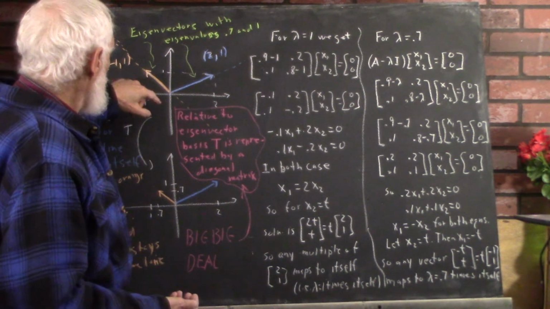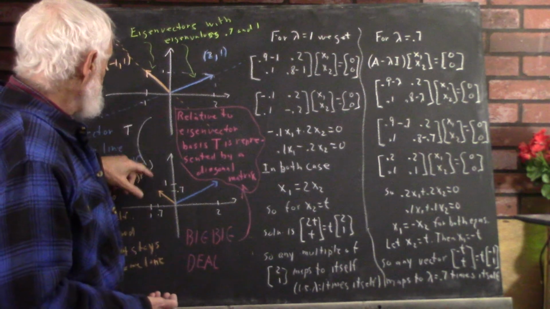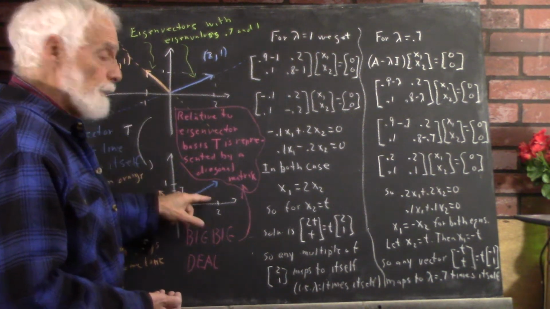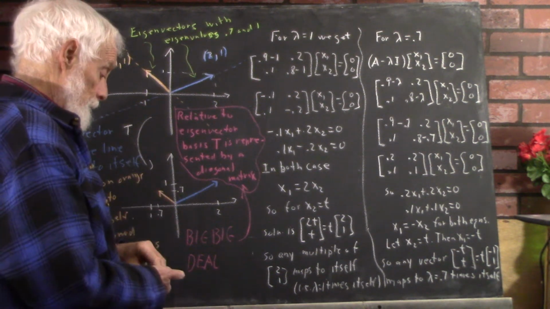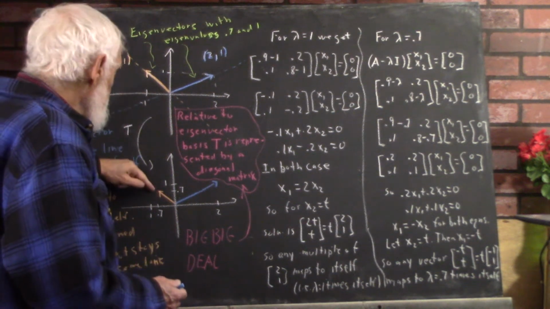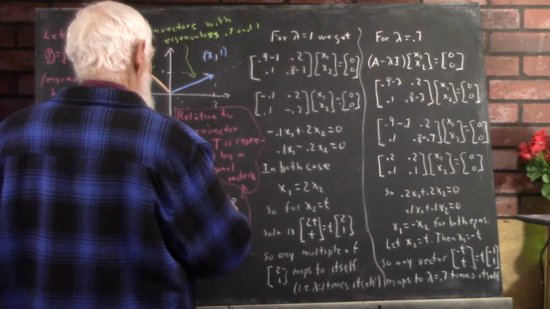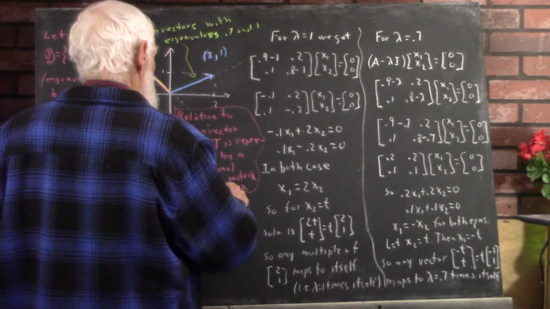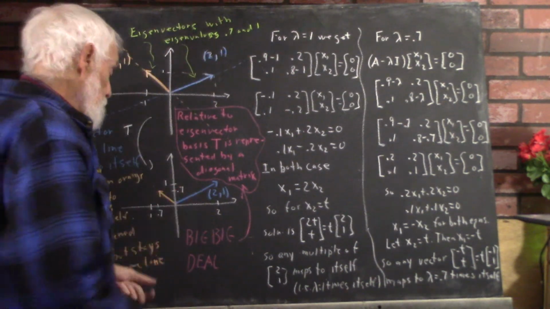Okay, well, now we have the transformation. It takes this vector to itself. It's still 2, 1 down here, but it takes this vector to 70% of itself. So this vector is still 2, 1. It's lambda times itself, which is 2, 1.